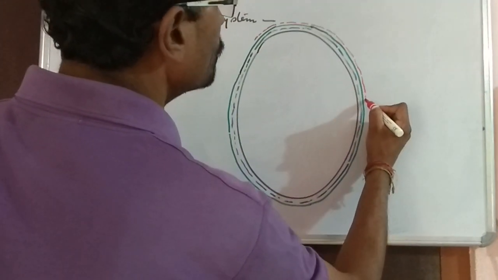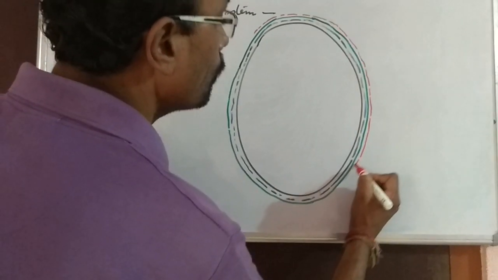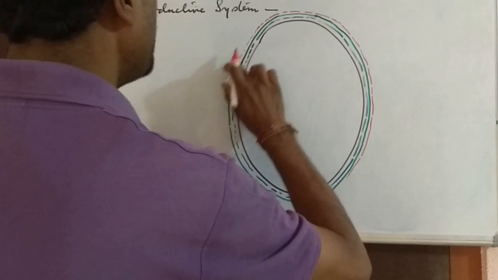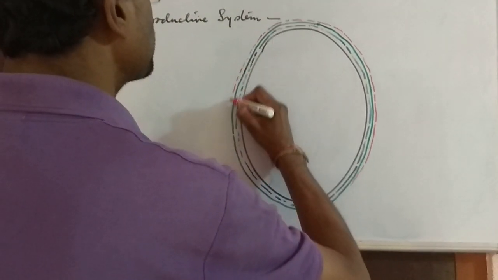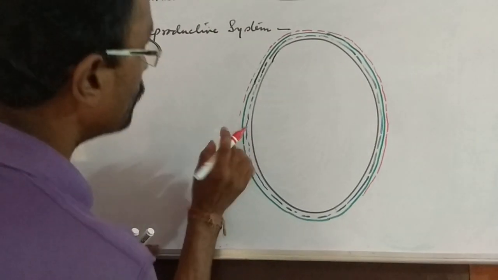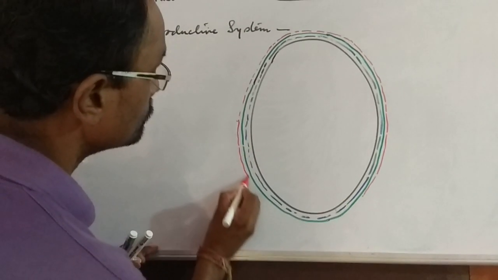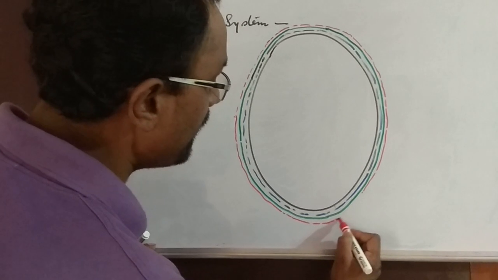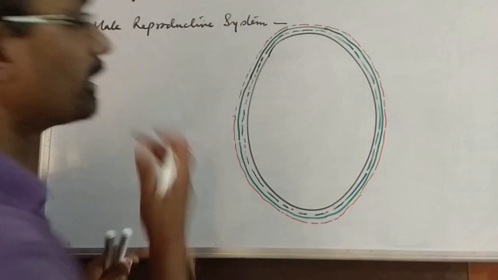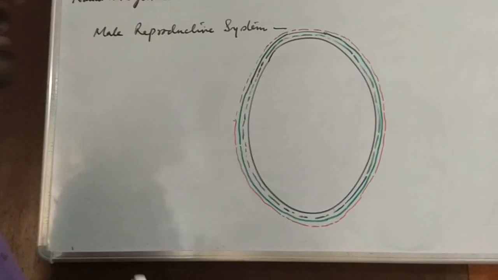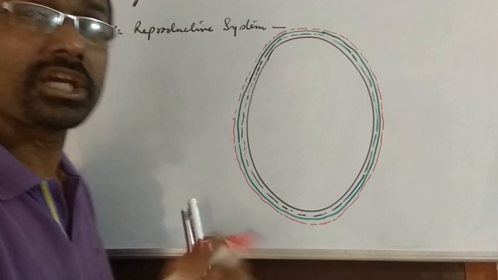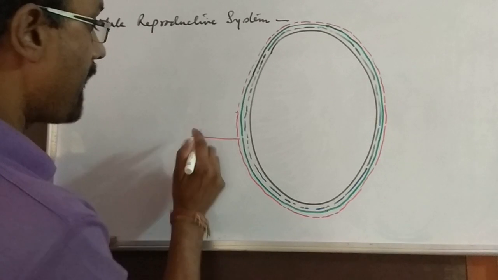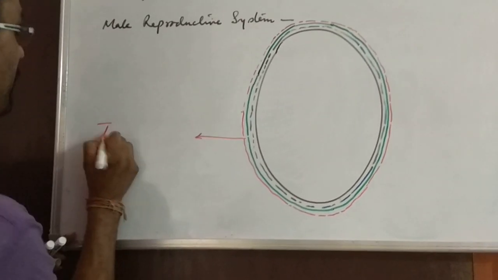So together, how many layers are we finding? We are finding the occurrence of 3 layers around the testes. These 3 layers are called tunical layers. They help in protecting the testes from heat shock, as the testis is the main site for the formation of the sperm. The first one, near the scrotum, the red one, is called what?